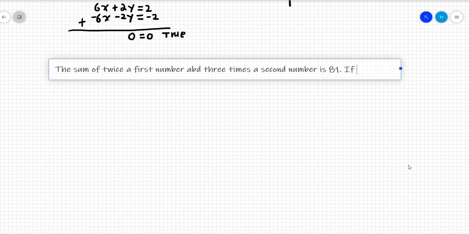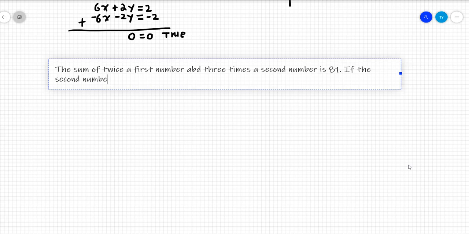If the second number is subtracted from 3 times the first number, the result is 17. Find the numbers.